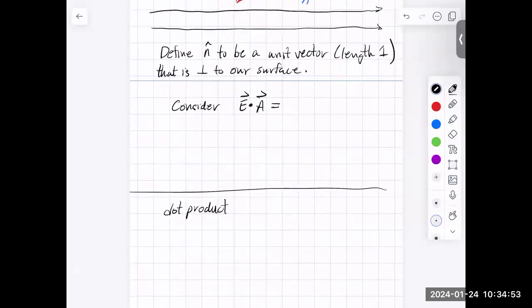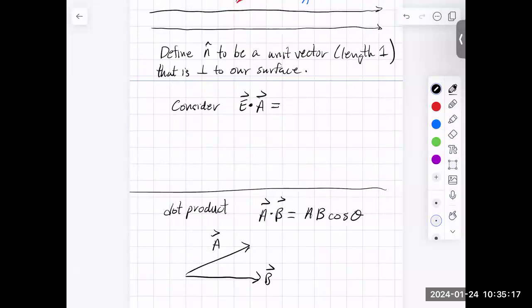I know you use this in Physics 111. So if I had A dot product with B, how could I express that? Anybody? Yeah. That's exactly right. So A B cos theta, and what's the angle theta? It's the angle between the two vectors.